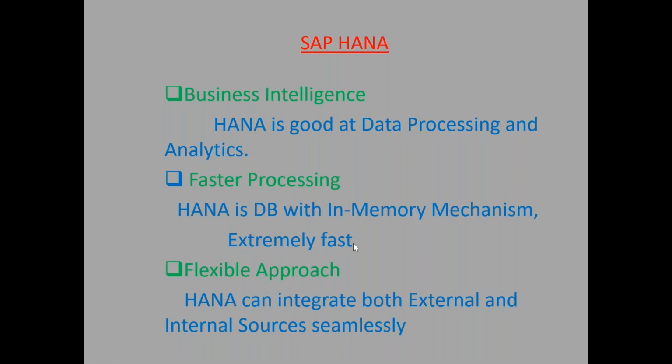SAP HANA helps to reduce the time it takes to process the data, even though we have a huge volume of data. That is the faster processing. The third one is the flexible approach. Here HANA can integrate both external and internal sources seamlessly.